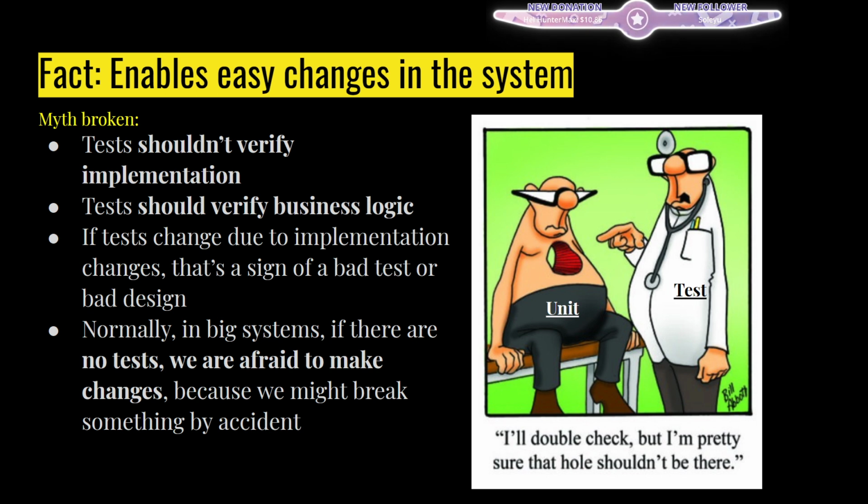Anyways, untested waters. How often do you make changes in a legacy system? The answer is you don't. And the reason for that is because there is such a high risk that you broke something without knowing that you simply don't want to do it. You don't want to take that risk. That is legacy system. It's too risky to make a change in a legacy system because it's not tested.